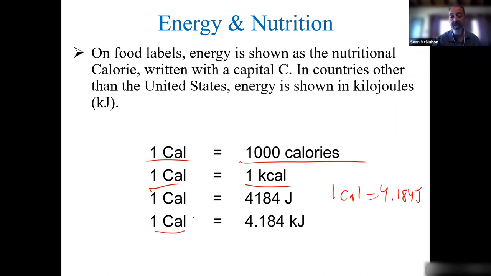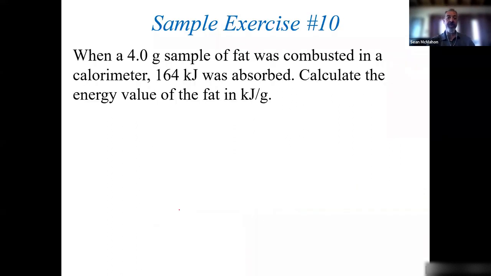So if I have 1,000 calories, because this is big Cal, I move that over 1, 2, 3. That's 4,184 joules for a dietary calorie, a kilocalorie.